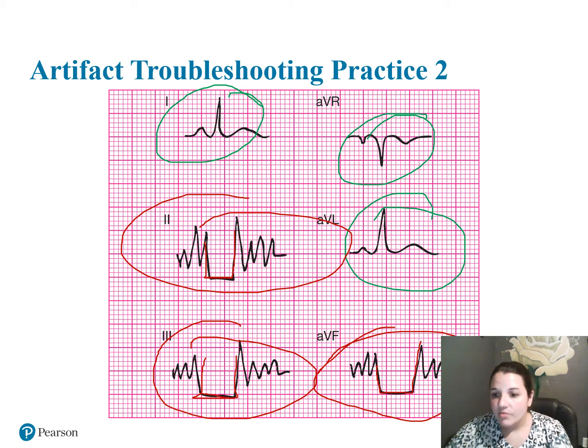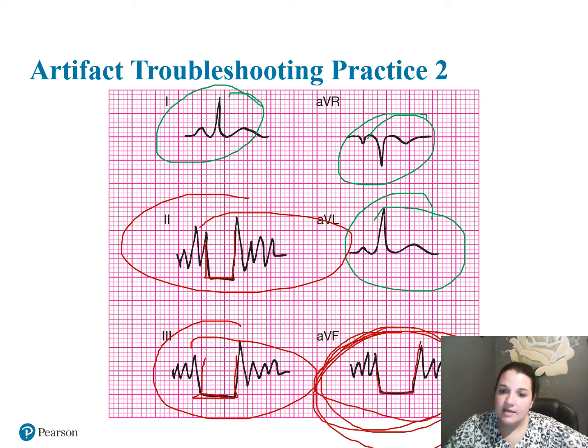Now, what electrode might be causing this artifact? Lead 2 is my right arm to my left leg. Lead 3, left arm to left leg. AVF is my left leg. So who is the common lead that needs to be checked? AVF, my left leg.